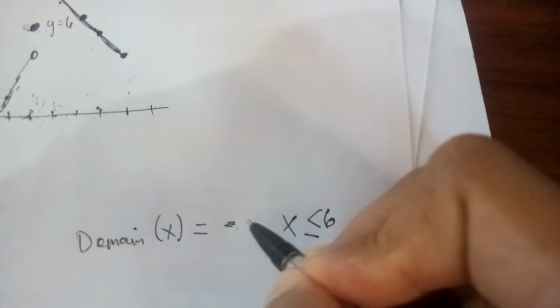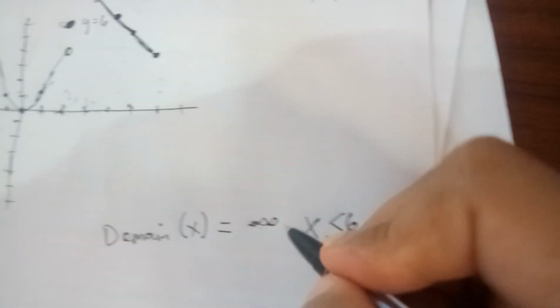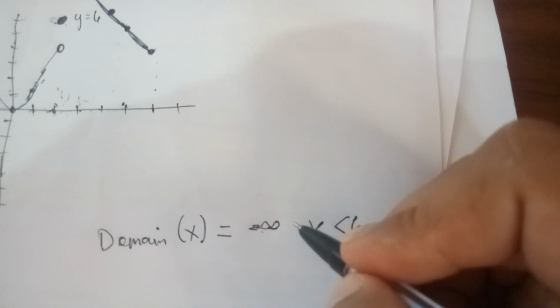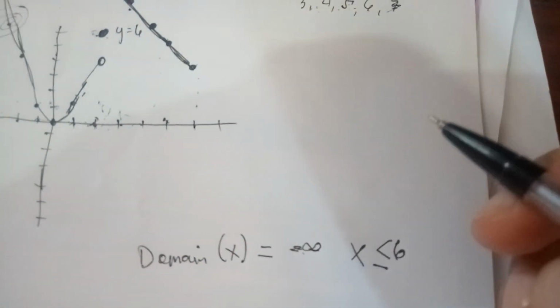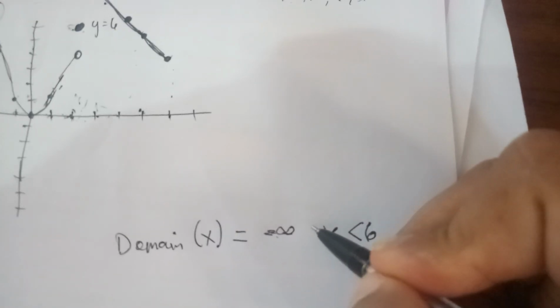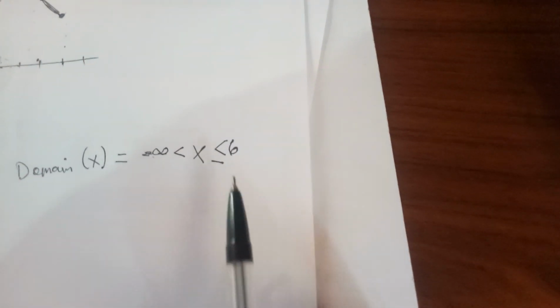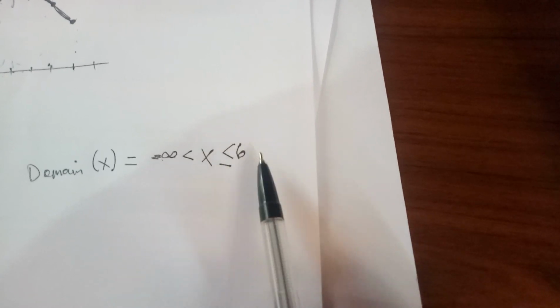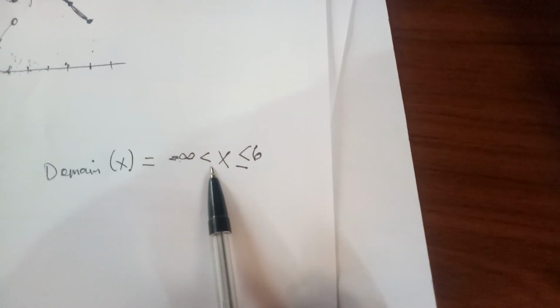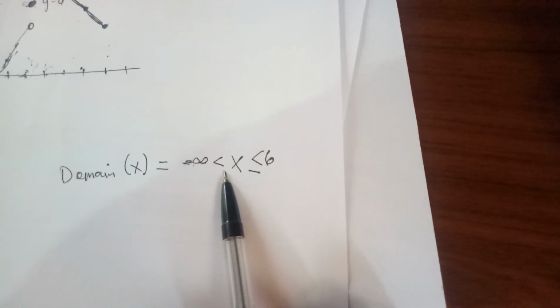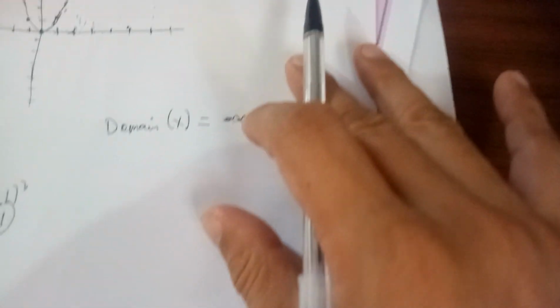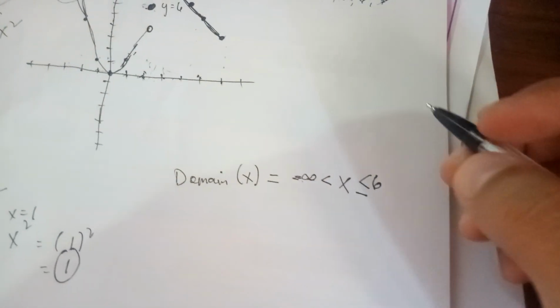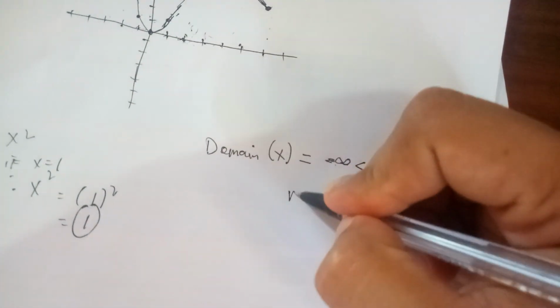Up to negative infinity. Okay? Ito yung less, greater than. Okay? Yung nakahigang 8 na to. X is less than or equal to 6 but greater than negative infinity. Ito yung tinatawag nating notation.